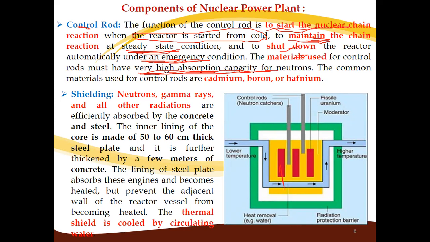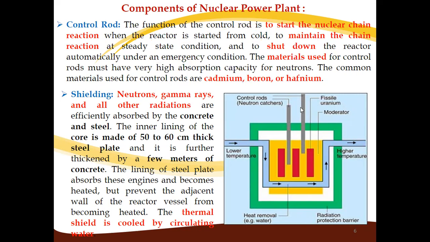So the commonly used control rod materials are cadmium, boron, and hafnium, because they have very high absorption capacity of the neutrons.